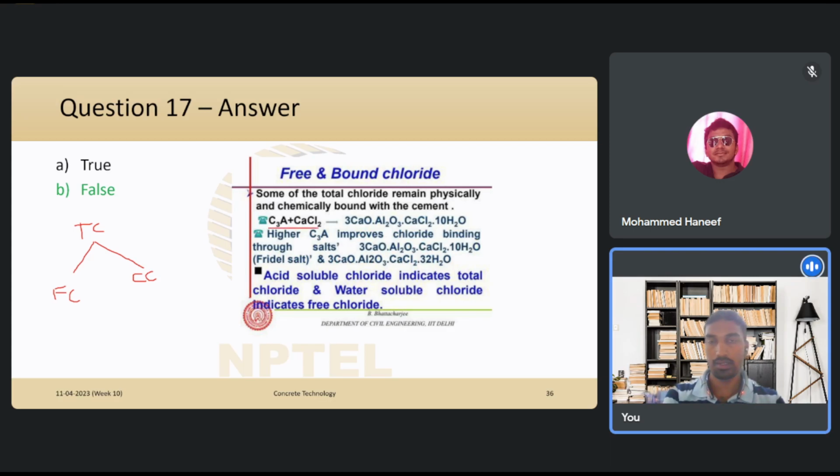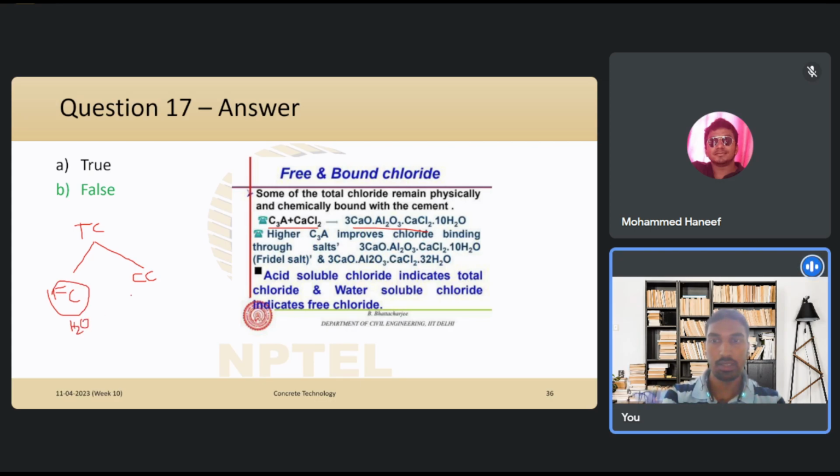Here it is given with C3A. This chemically bonded chloride cannot be removed with water, so it will not be soluble in water. It's only the free chloride which will be soluble in water, and then it can be removed.